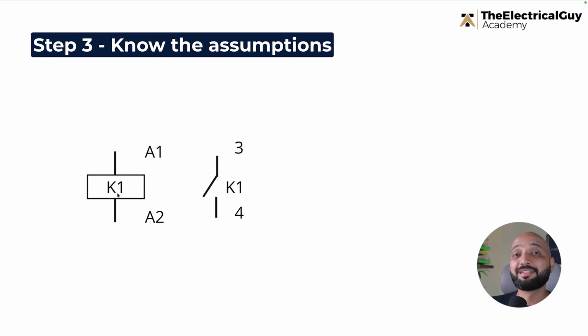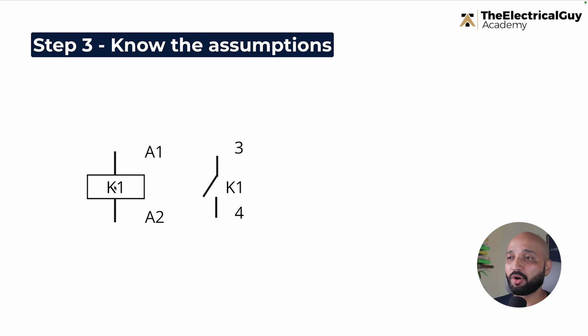And that's where the assumptions made by the designer become very important. So the designer will write: all the contactors are shown in de-energized condition. That's the assumption. That means this particular position of this contact is the default position, which is a normally open, NO contact, right?